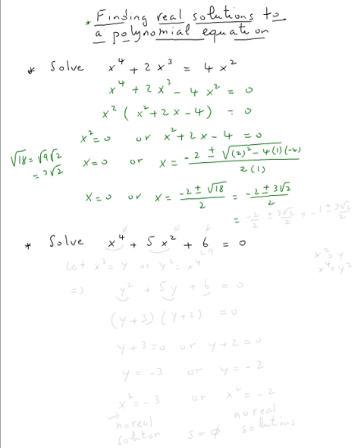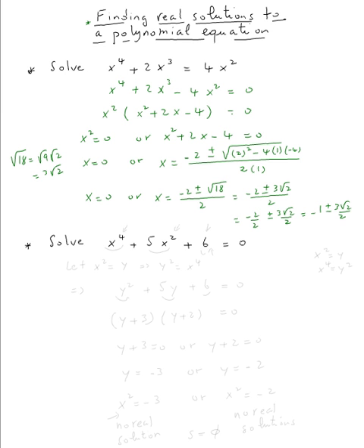So that would be equal to minus 2 over 2 plus or minus 2 square root of 5 over 2. So it's negative 1 plus or minus square root of 5. You can even rationalize this one, I'll just leave it that way, it's fine.